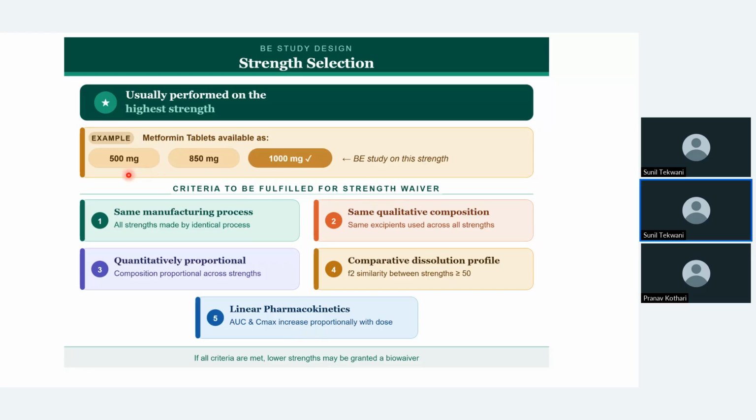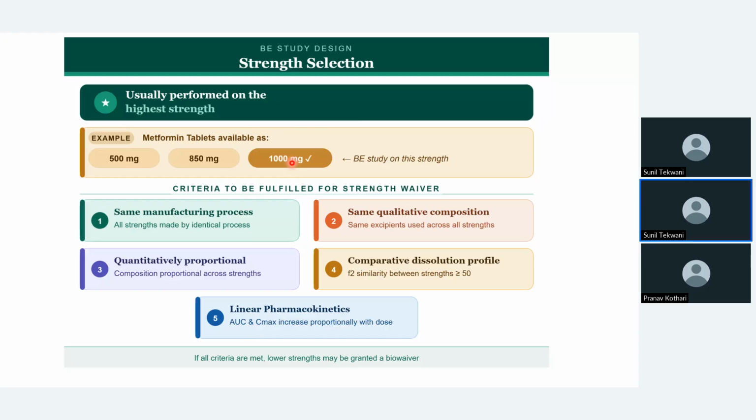Not only in literature articles, many times this information is given in the label itself, sometimes in the SPC, product name graph, that with increasing doses, the AUC and Cmax increase proportionally. So this is one of the important criteria which you cannot do in the lab. You have to search the literature on whether AUC and Cmax are increasing proportionally.